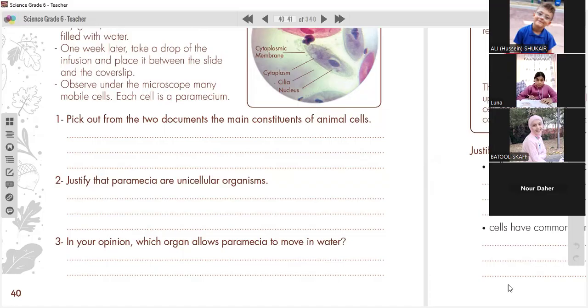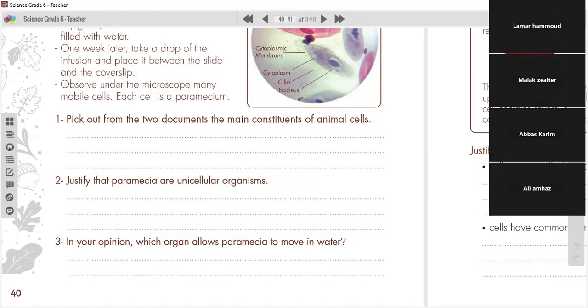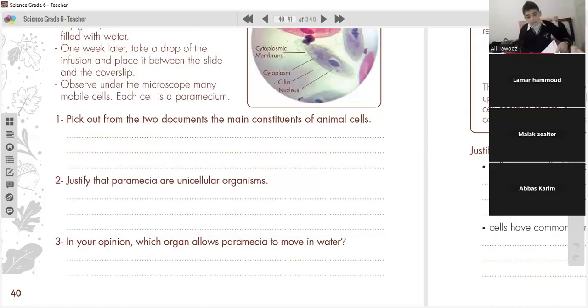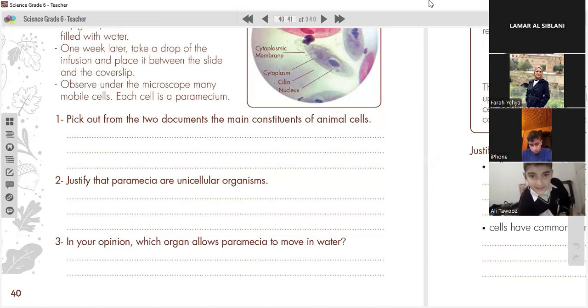Okay, Nour, read number 2, please. I'm working with some students, I already have them. Shqeer, Luna, Batoul, Zahraa, Pia, Perla, Lamar, Ammar, Malak, Abbas, Karim, Laren, Leia, Issam, these students are working with me. But what about the others? Okay, yes Nour, read number 2.